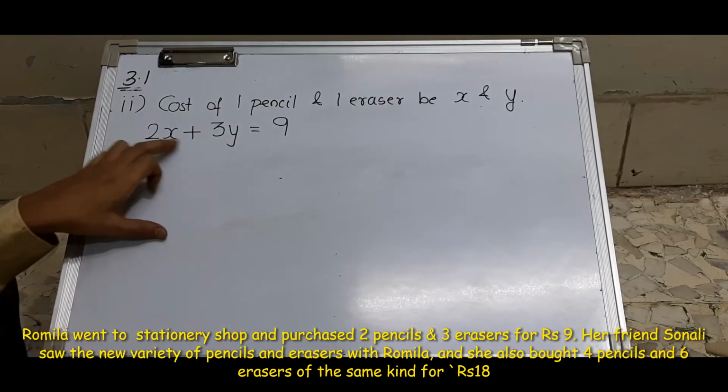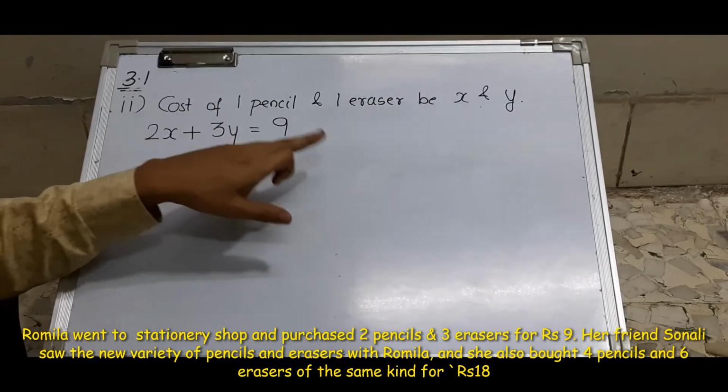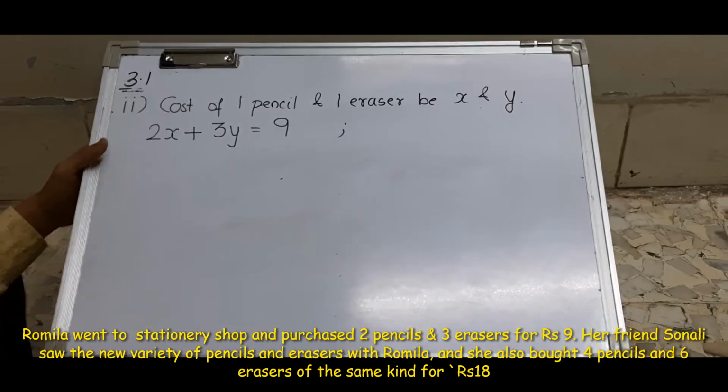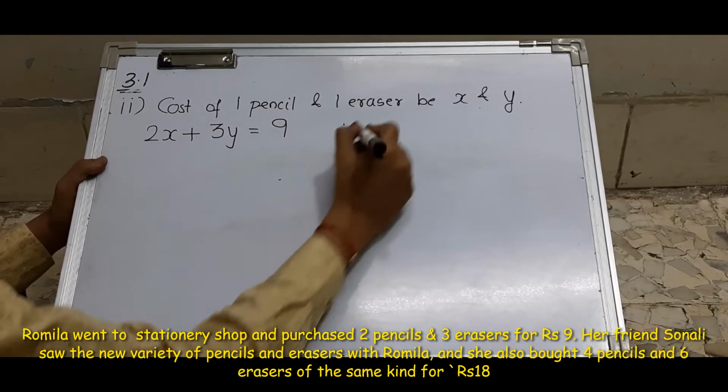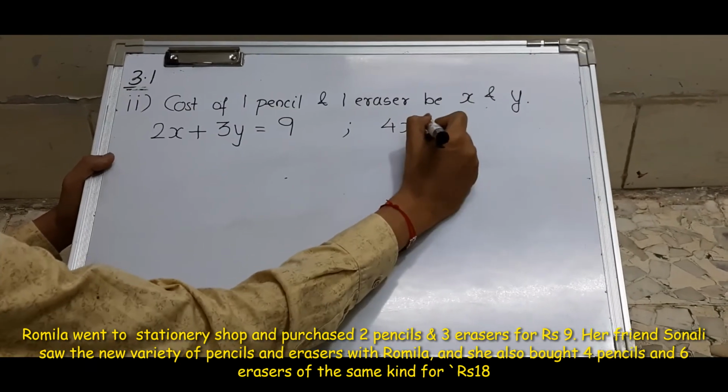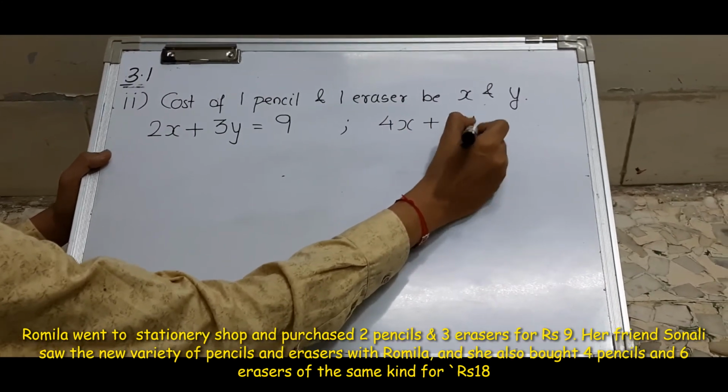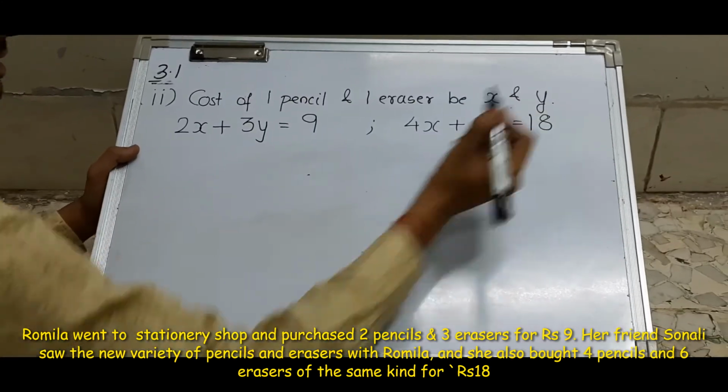So 2x plus 3y equals 9. Now they have given, she went to the shop again for the new variety of pencils and erasers. She also bought 4 pencils and 6 erasers for 18 rupees.